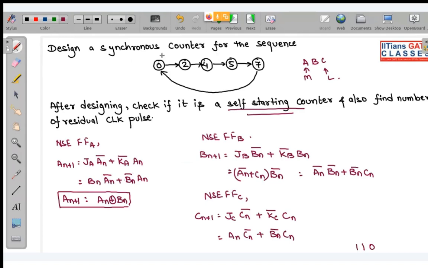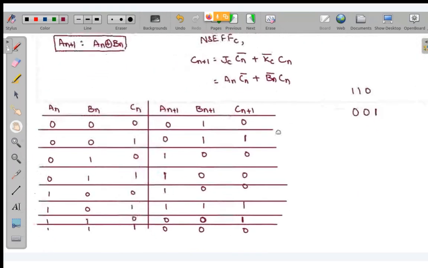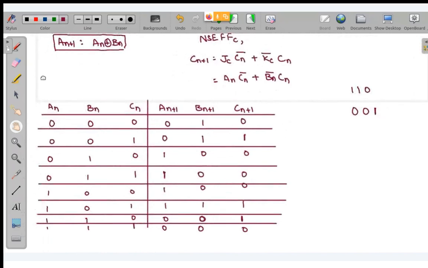Out of that, state 1, state 3, state 6, all these states were missing. We had no information about the next state if our counter was in these states. We never knew, but now we have that information also. We can draw the complete state diagram.